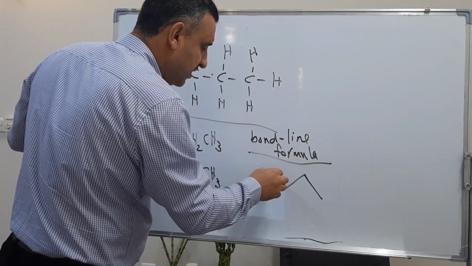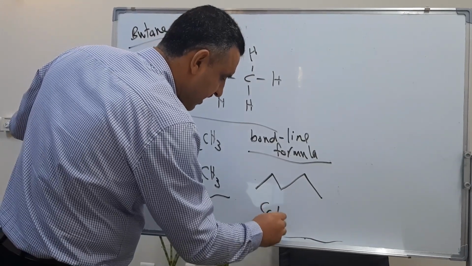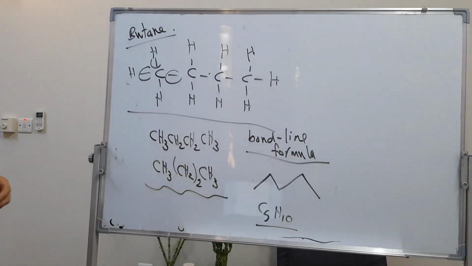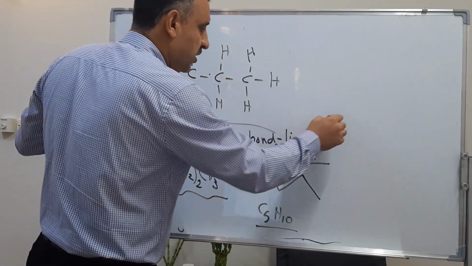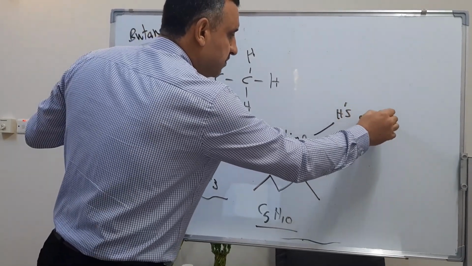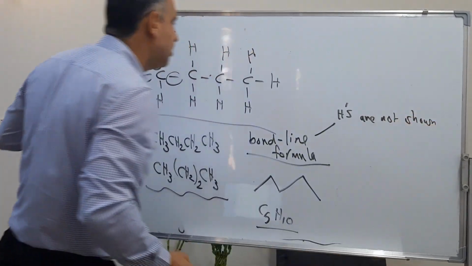For example, here this compound is actually C5H10. How do we do so? What's the bond line formula exactly? In the bond line formula, hydrogens are not shown. So we don't show hydrogens.